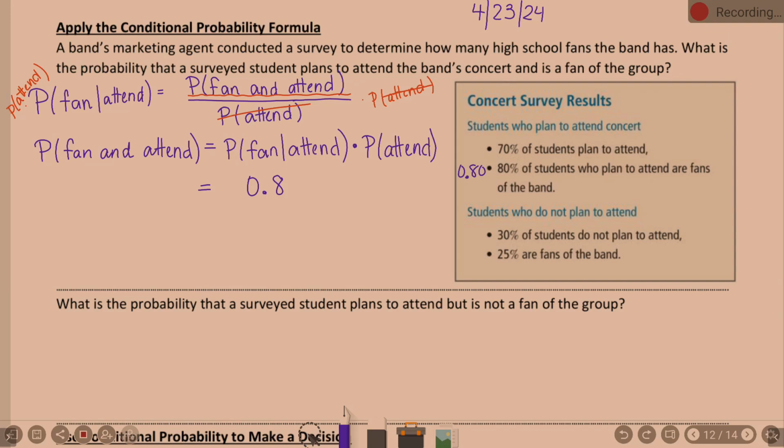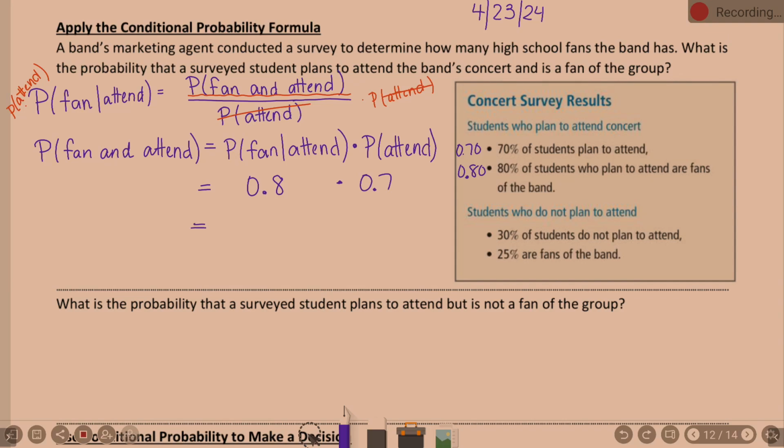Times the probability that someone plans to attend. In other words, not in relation to fan or not, just 70% of the students plan to attend. What is that as a decimal? 0.70 or 0.7. Okay, do the math.